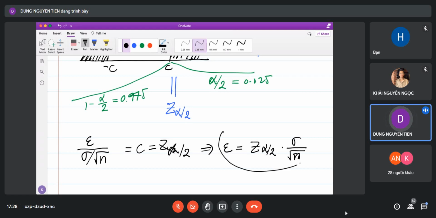And that gives you the error for the approximation. Is there any question?